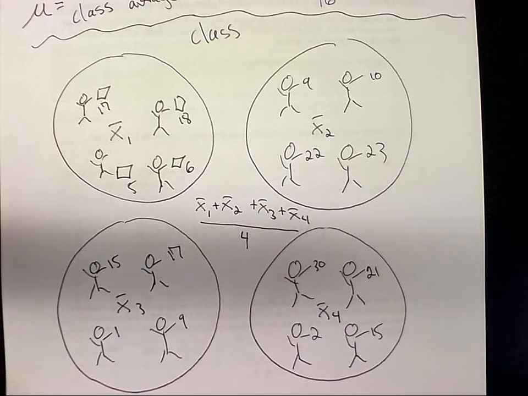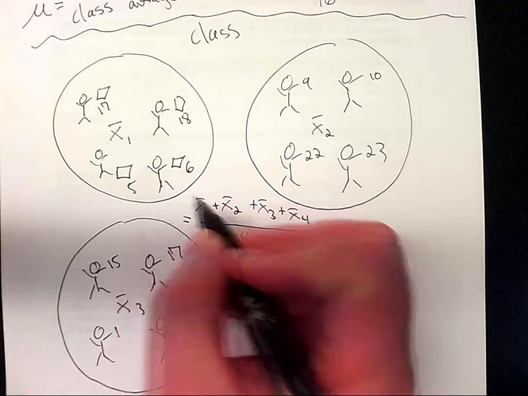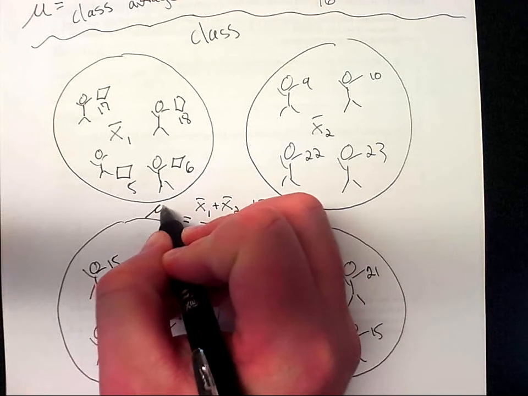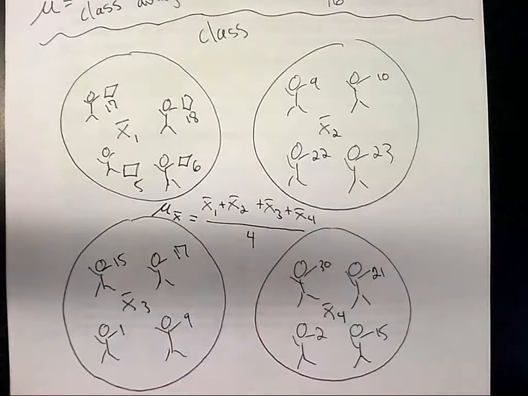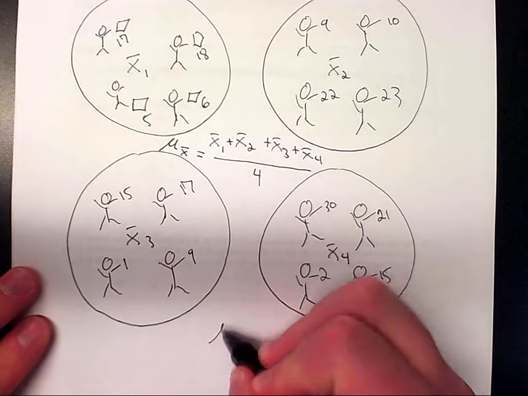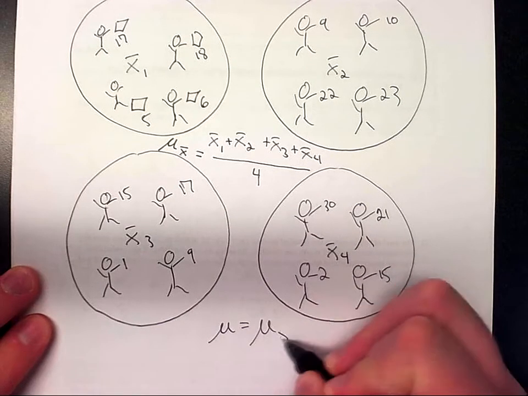Now, the important mathematical concept is that the symbol for this is the average of all of these sample averages, all of the group averages. And mathematically, if we go through this exercise, the number that we calculate here has to be equal to the number that we have up there. It just so happens to work out that way, so that mu is equal to mu sub x bar.